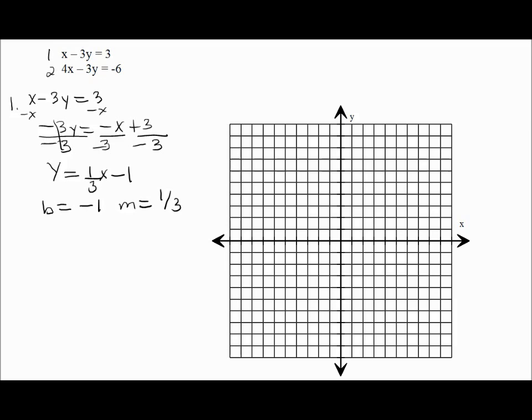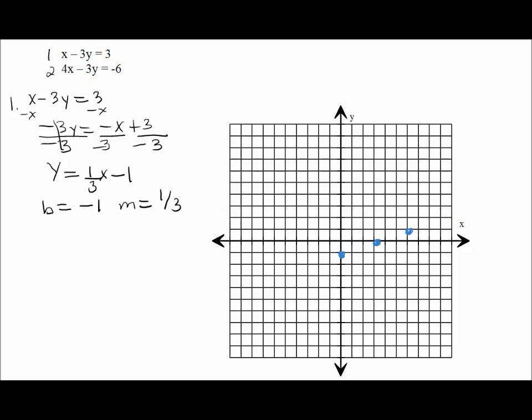So now I'm ready to graph this line. So for my first point on the y-axis, I'll go down to negative 1. That's my first point. Now my slope is a positive 1/3, so I'll move up 1 and over 1, 2, 3 units to the right. I believe I'll put a couple more points up 1 over 1, 2, 3.